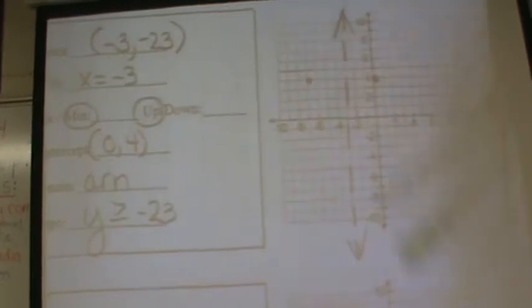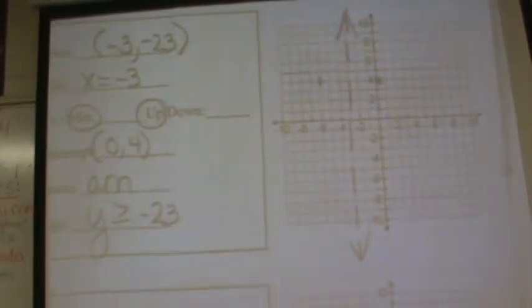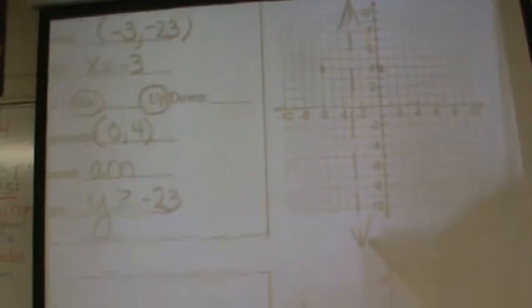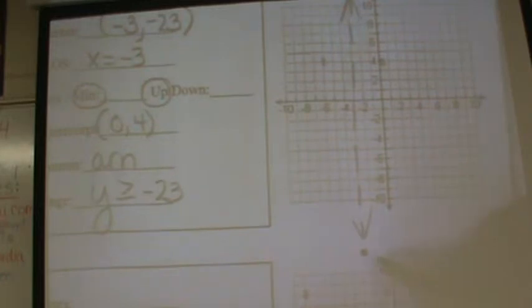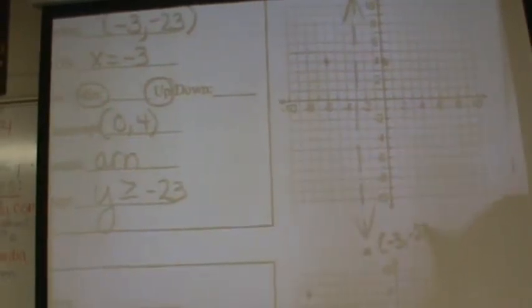Go 3 units the other way. Yeah, 1, 3. Now, our vertex is way down here. We're going to pretend like that's negative 3. I'll call it negative 3, negative 23.